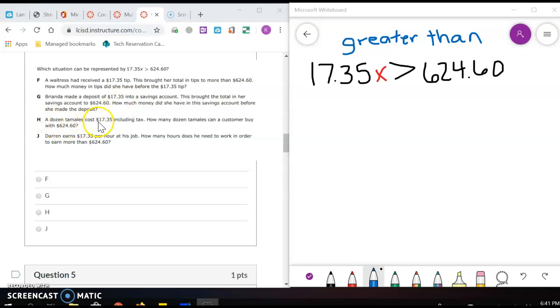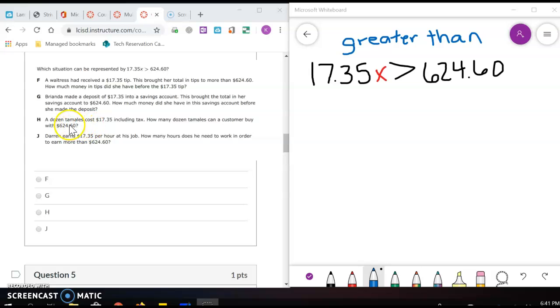H, a dozen tamales cost $17.35 including tax. How many dozen tamales can a customer buy with $624.60? Okay, that one's close, but in that one, the key word is this: with $624.60, if that's all they have, this is saying we can spend greater than that amount.